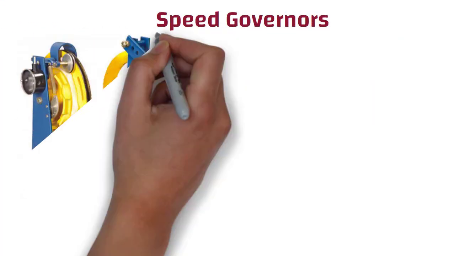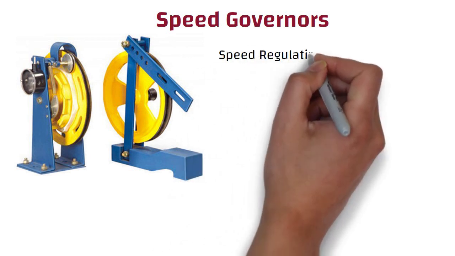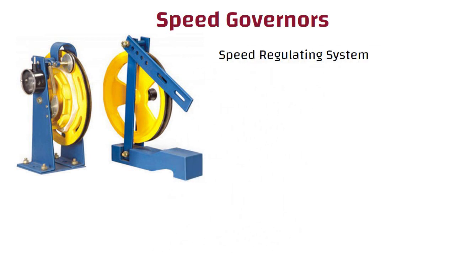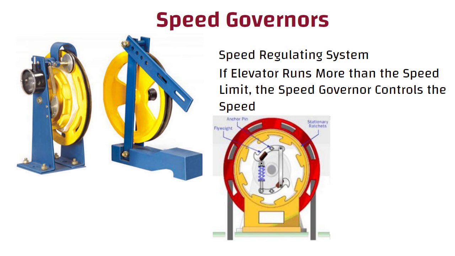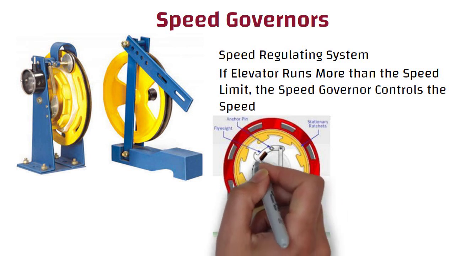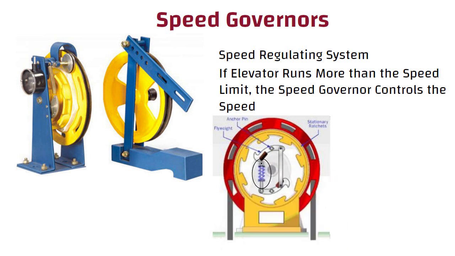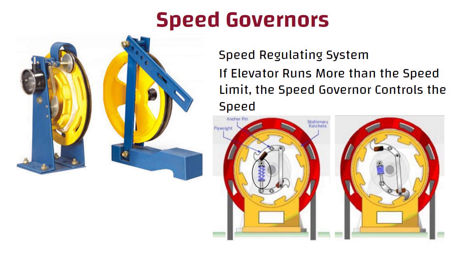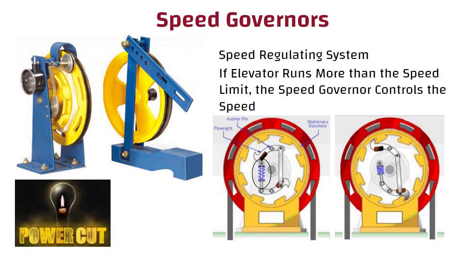Speed governors. Most elevators have an entirely separate speed regulating system called a governor, which is a flywheel with mechanical arms built inside it. Normally the arms are held inside the flywheel by springs, but if the lift moves too fast, they fly outward, pushing a lever mechanism that trips one or more braking systems. First, they might cut power to the lift motor.